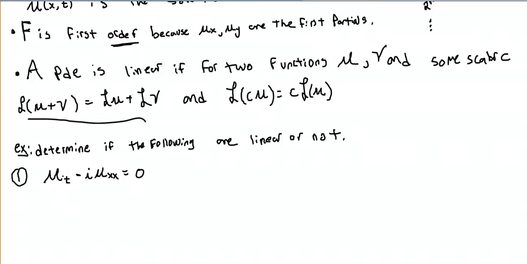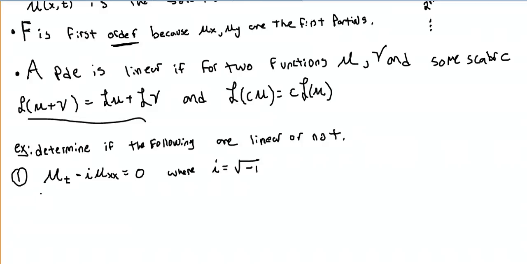So we have some function u, we're taking its partial with respect to t minus i, where i is equal to the square root of -1. It's the imaginary unit. So we're going to work with that. And we want to verify this. So we start off by identifying the operator that would create this scenario.